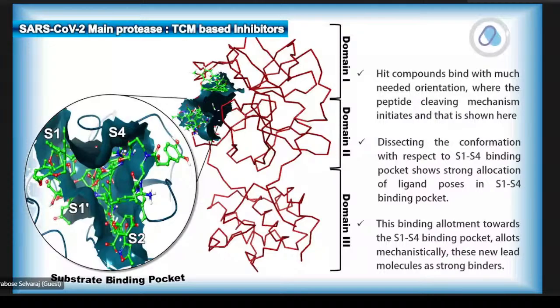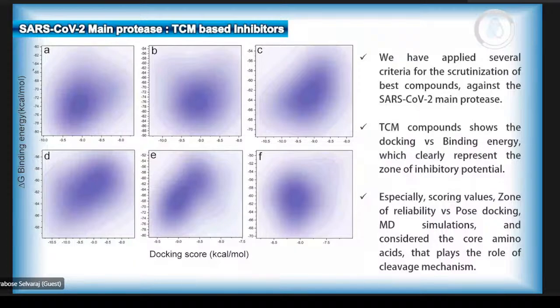And as I told previously, we have several criteria. This is like a zone of inhibition, whether the molecule is realistically able to inhibit or not. In experimental work we call it the zone of inhibition, like in microbiology, as you may know. Likewise, we found a concept for how the zone of inhibition can be represented at the in silico level.